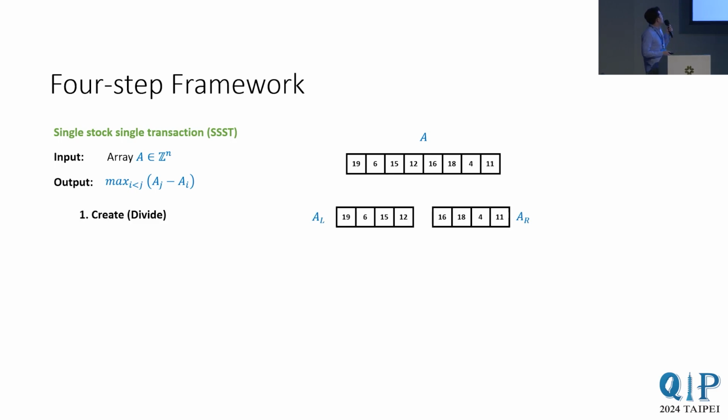Of course, because we are talking about divide and conquer, the first step is always create, or divide, which means we divide the original problem into two sub-problems. The second step is conquer, where we solve the smaller problems. The first one gives 9 here, and the second one gives 7 here.